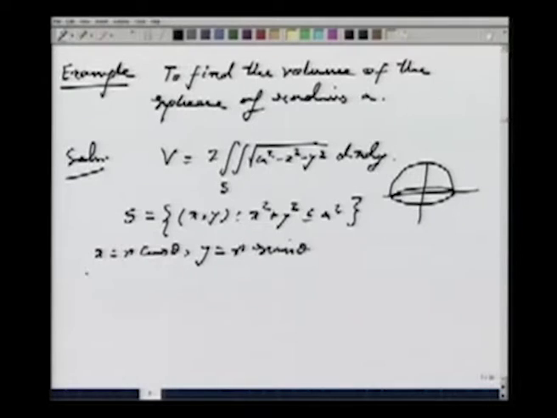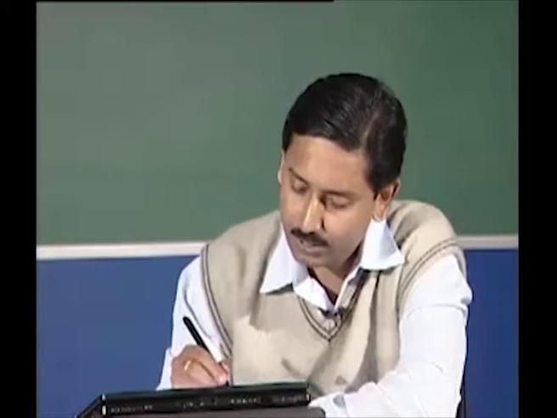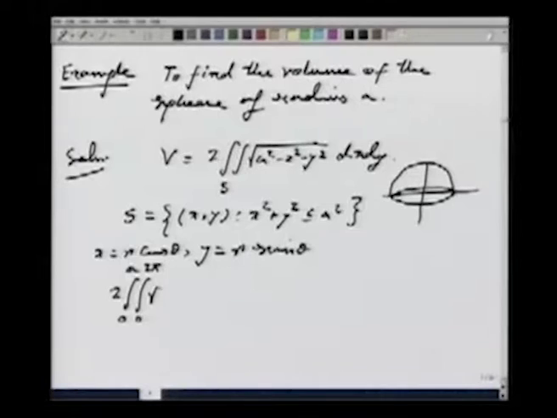Then this integral in polar coordinates is 2 times the double integral, 0 to a, then 0 to 2 pi, 0 to a is the variation of r, 0 to 2 pi is the variation of theta, square root of a square minus r square. Now comes the Jacobian, that is r dr d theta.